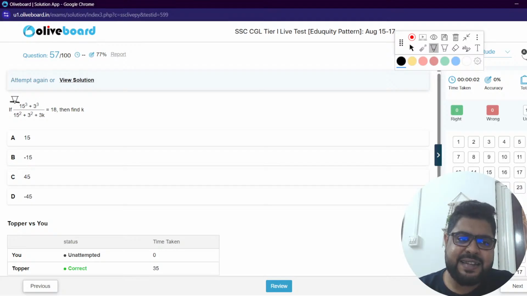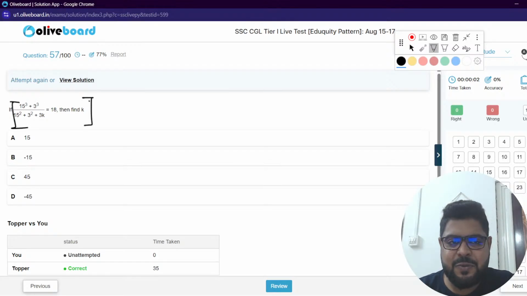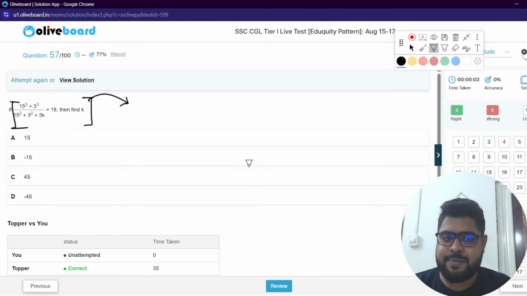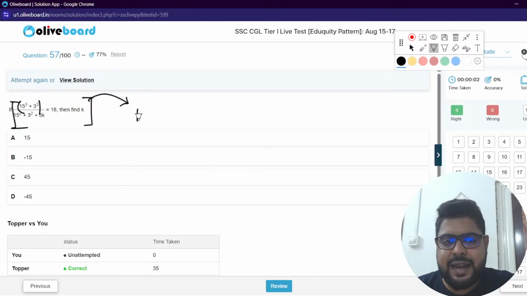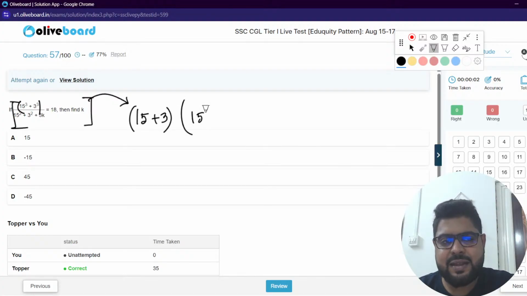Again, CGL 2022, a similar type of question, not the exact PYQ. This is a cube plus b cube. You can write this as a plus b into a square plus ab plus b square.